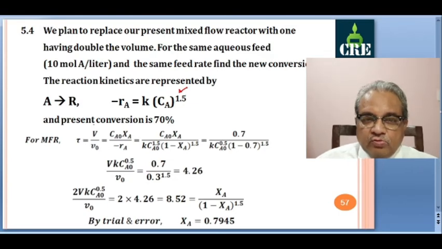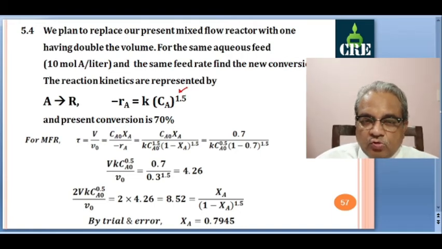So first we will use the volume V, initial conditions. Tau is equal to V by V0, equal to Ca0 Xa by minus Ra. Ca0 Xa by minus Ra is K into Ca0 raised to 1.5 into 1 minus Xa raised to 1.5. A gives R, so epsilon is 0.